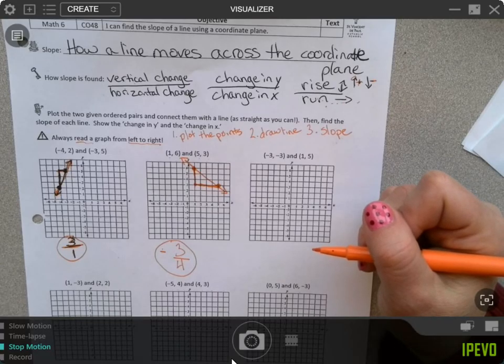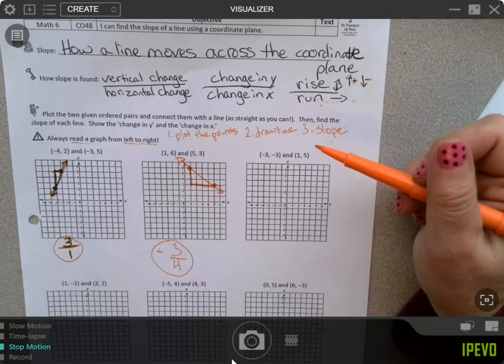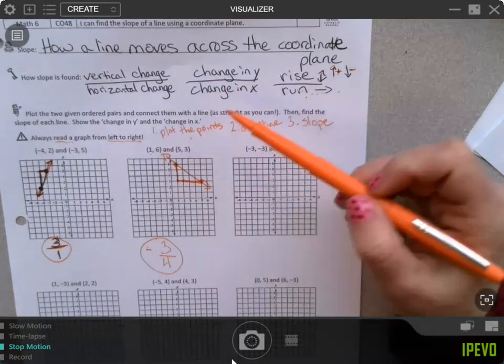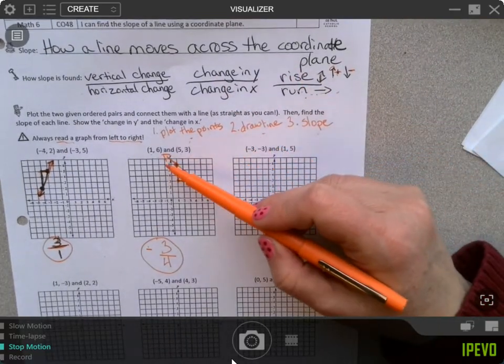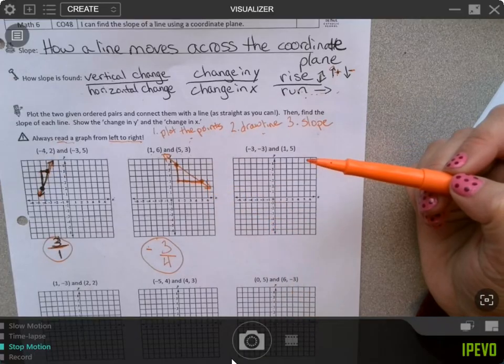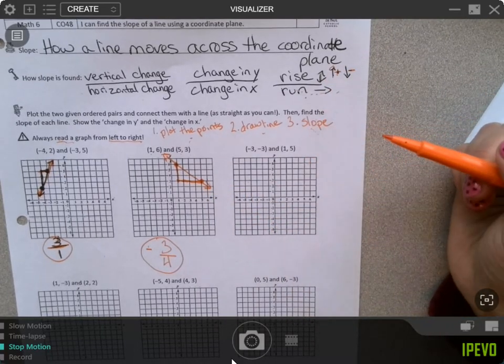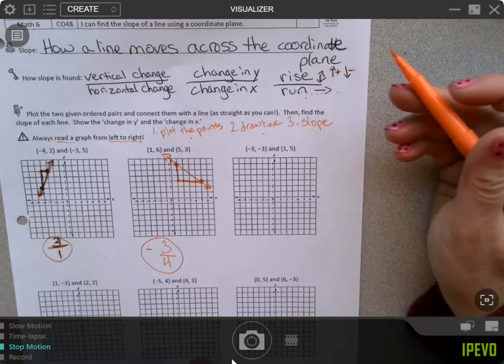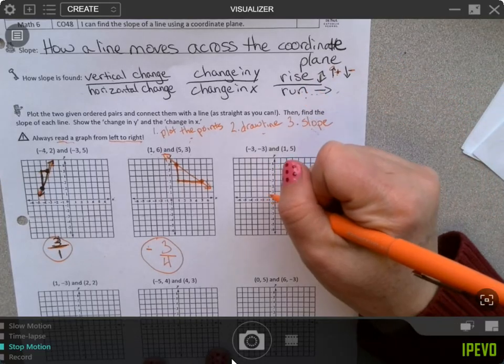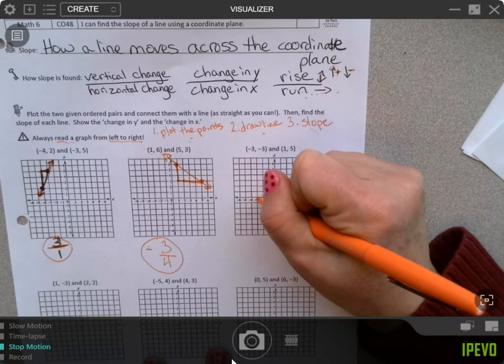Let's try the next one together. Plot your points. Draw your line with your arrows, because that line keeps on going. It's not a segment. And then see if you can figure out the slope. While you're plotting points, I'm going to plot points.